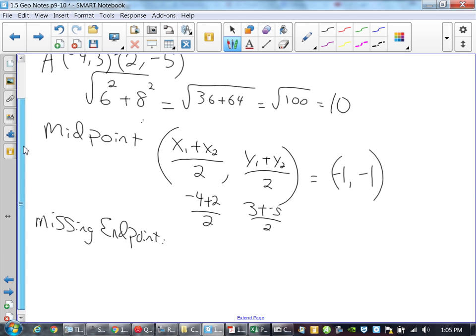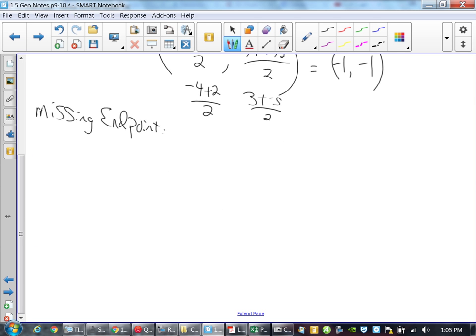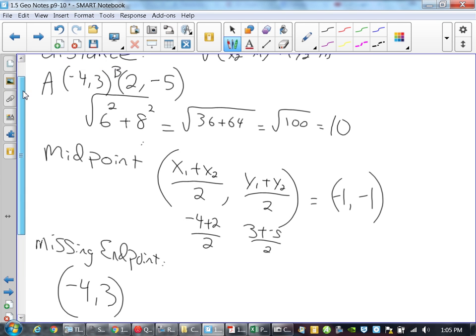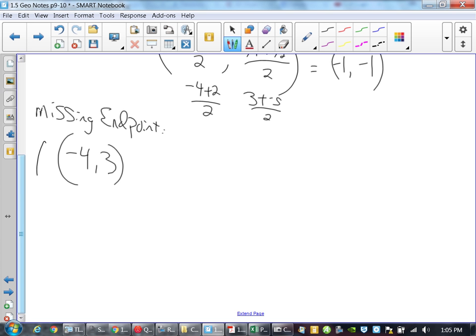So let's see, if we had -4 and 3. So that was this. We'll say our endpoint was M. Where is B then?